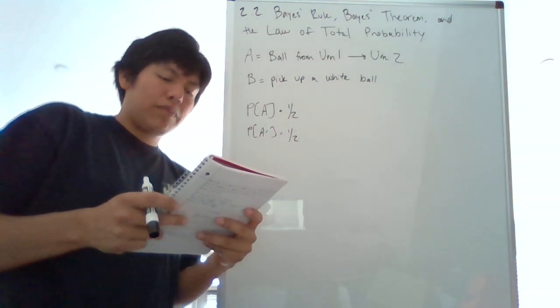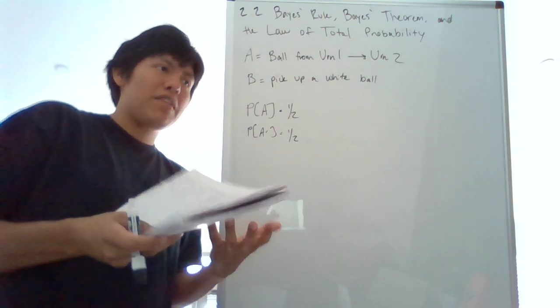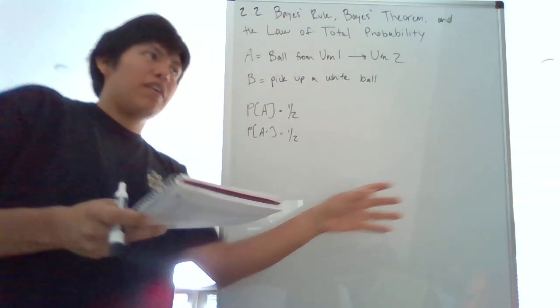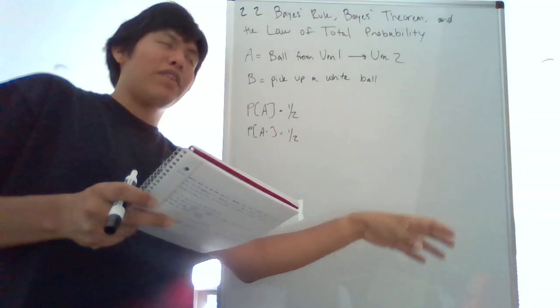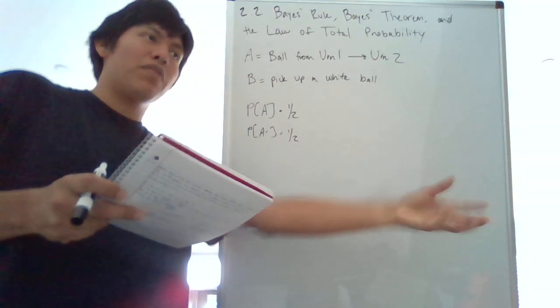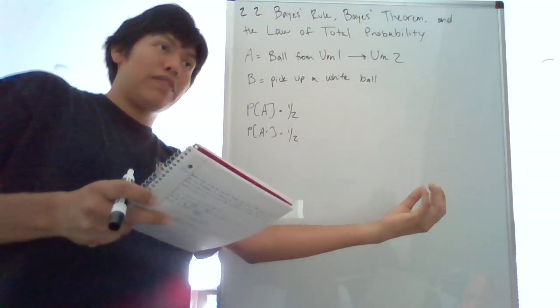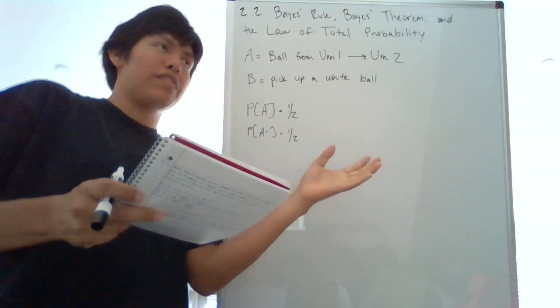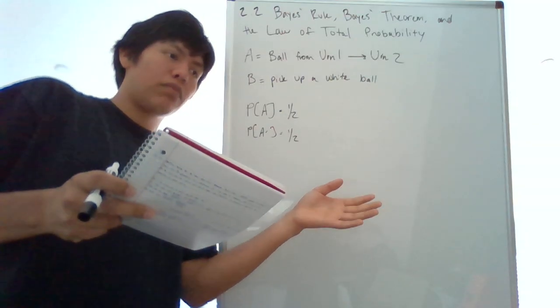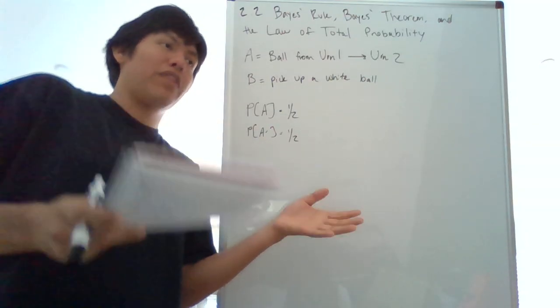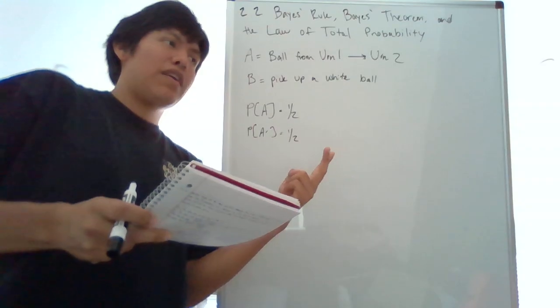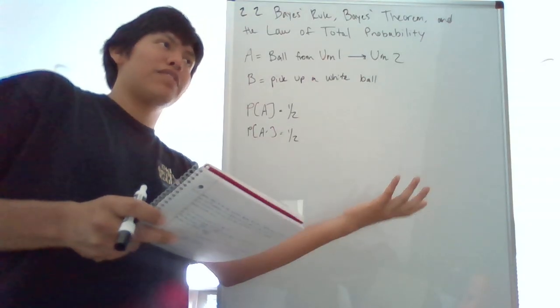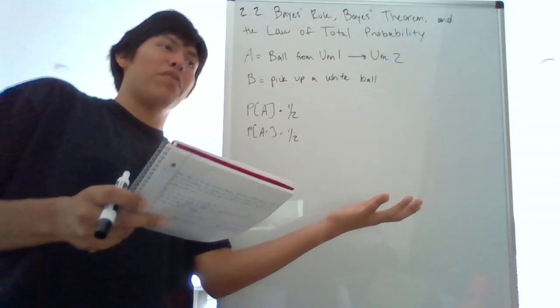And that means that if I randomly choose a ball from urn 2, and it's white, well, because now there are 4 white balls and 6 in total in urn 2, I have a 2 over 3 chance of choosing a white ball.